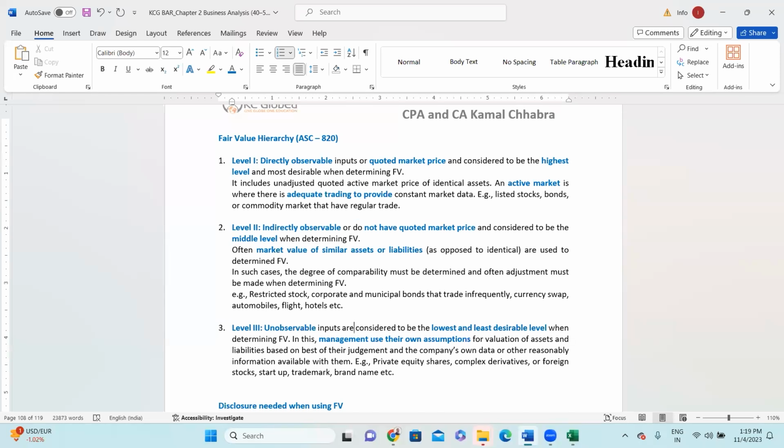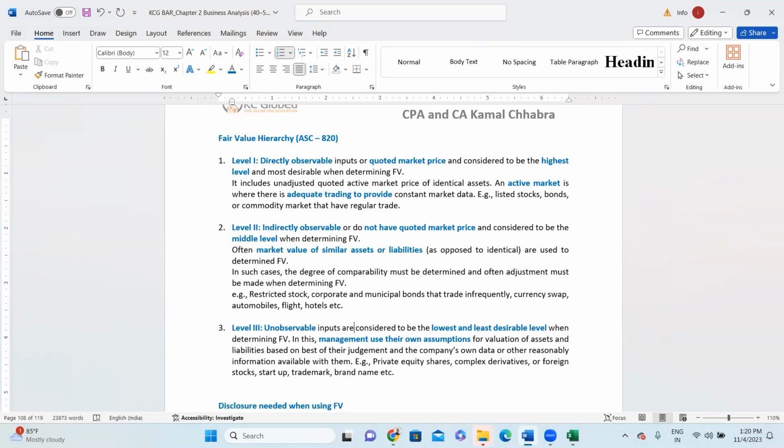Here management is using their own judgment. So you don't have an active market, you do not have any directly comparable. So in this scenario, management judgment is being used. As management judgment is being used, it is not considered to be the perfect model, or more reliable.